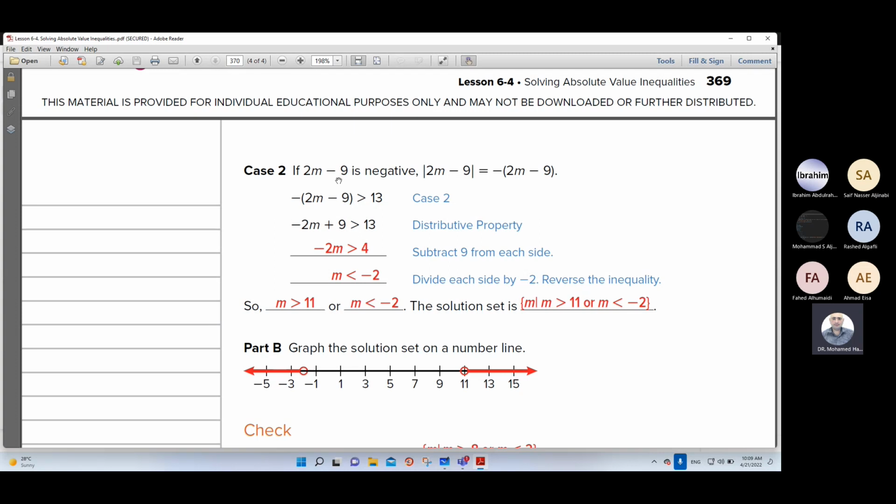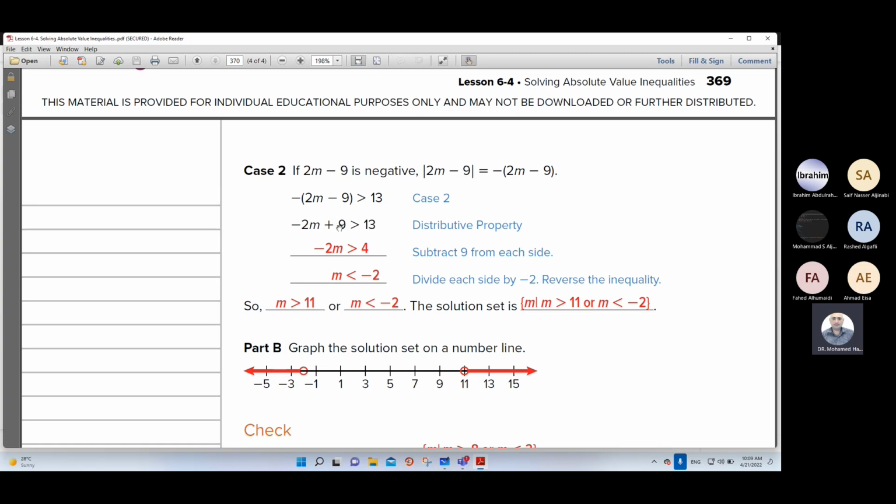if 2m minus 9 is negative, it means the absolute value of 2m minus 9 will be negative times, between parentheses, 2m minus 9. So we can write the inequality negative (2m minus 9) greater than 13. Then we can distribute. Minus times 2m will be negative 2m, and minus times negative 9 will be positive 9, greater than 13.